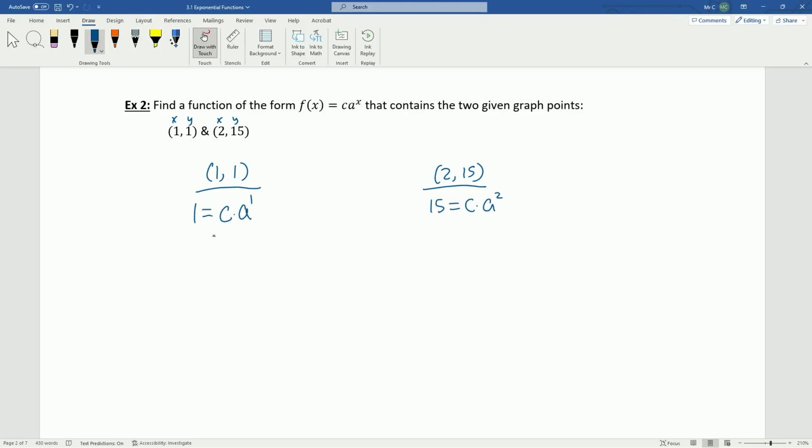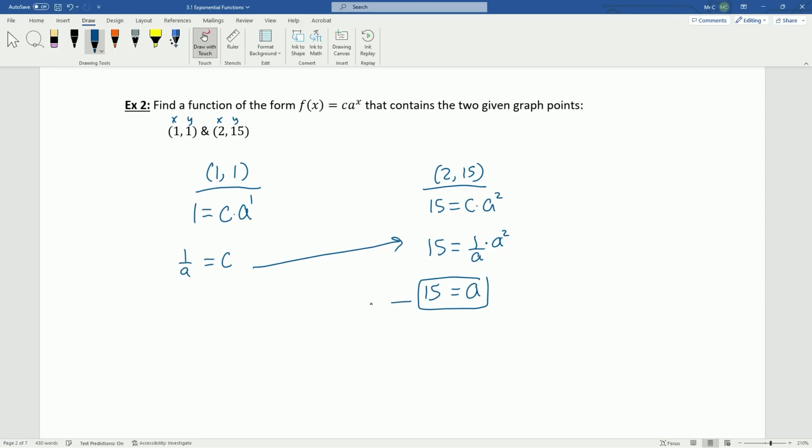So I'll divide by a on my first equation. I get c equals 1 over a, and then I'm going to plug that into my second equation, which gives me 15 equals 1 over a times a squared. And a squared divided by a is just a to the first power. So that tells me that a equals 15.